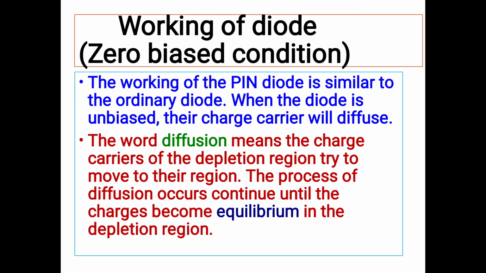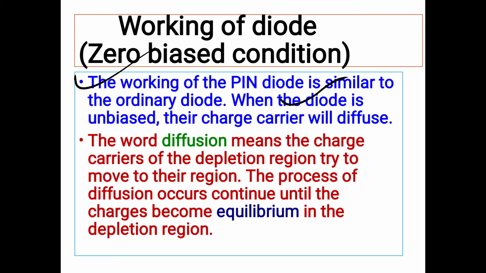Now we will be studying the working of the PIN diode under different biased conditions. We are going to start with the working of the PIN diode under the zero biased condition. The working of the PIN diode is similar to the ordinary diode. When the diode is unbiased, the charge carriers will diffuse.